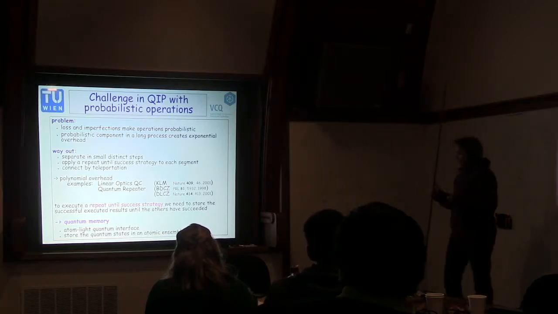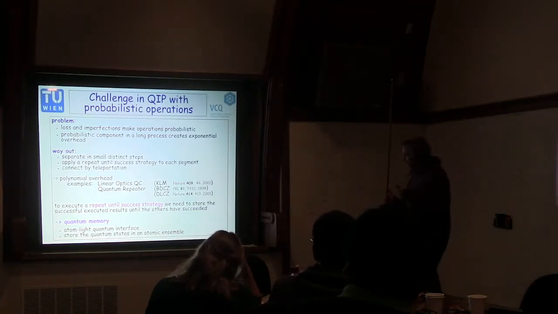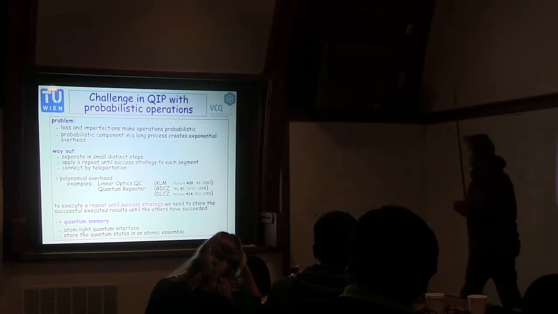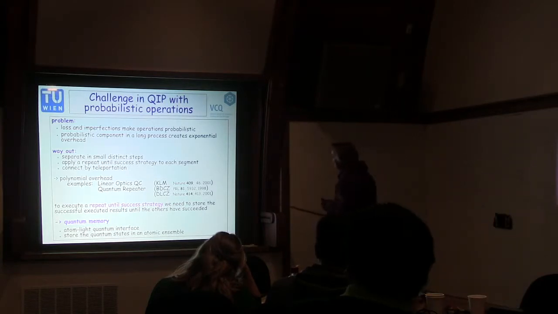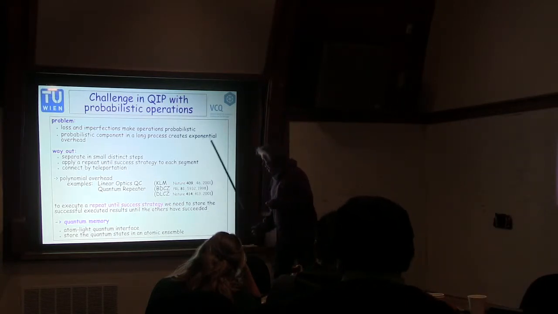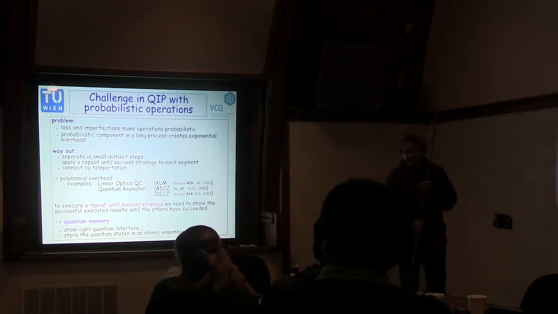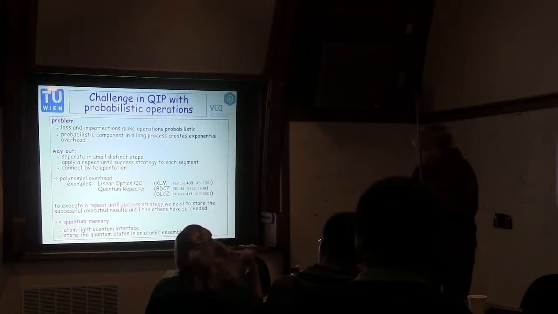These repeat-until-success strategies are beautiful, but they become very cumbersome if you don't have perfect operations. In any of these things, the key part is really to have a quantum memory, and an atom-like interface is probably one of the nicest and best ways of getting there.